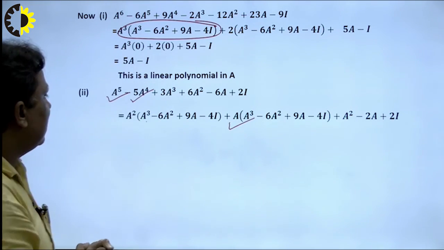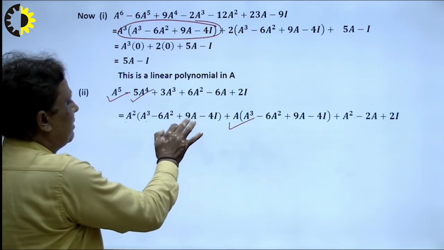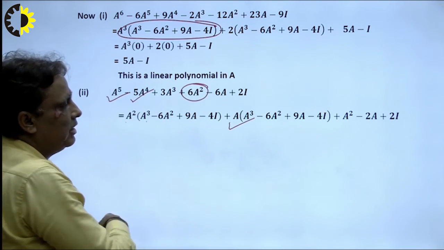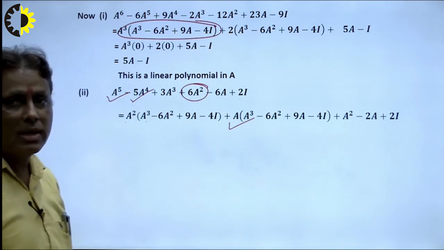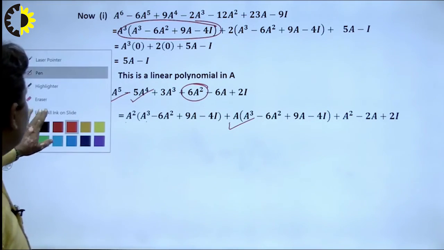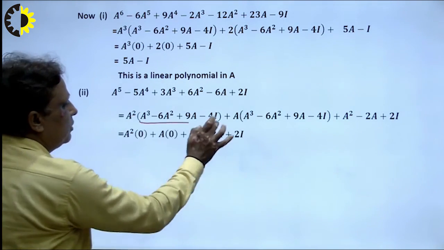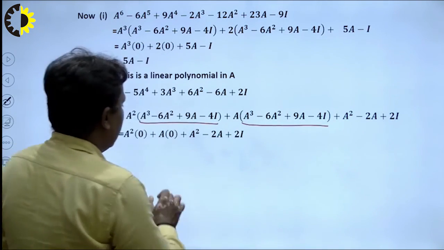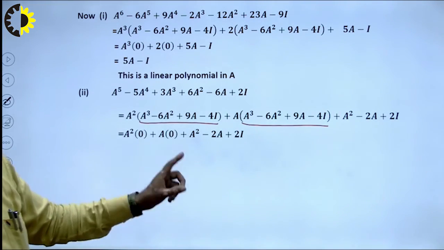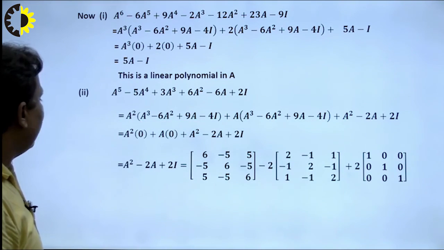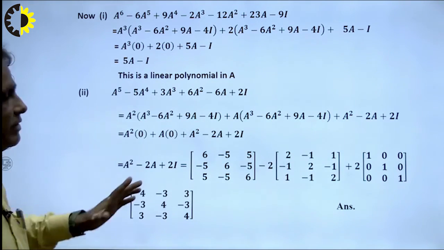This is the method to obtain 9A: A square multiplied by 6 gives 6A square, but this is 9A square, so I write 3A square here. In this way we can get our value. The value of this will be 0, the value of this will be 0, and the remaining portion will be A square minus 2A plus 2I here. In this way we find all the values using our characteristic equation.